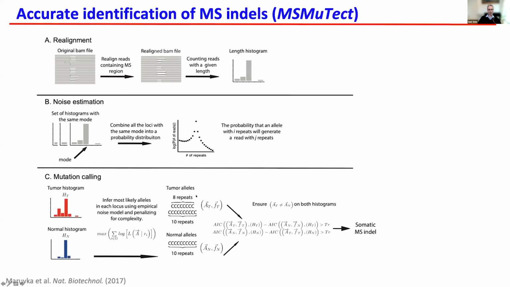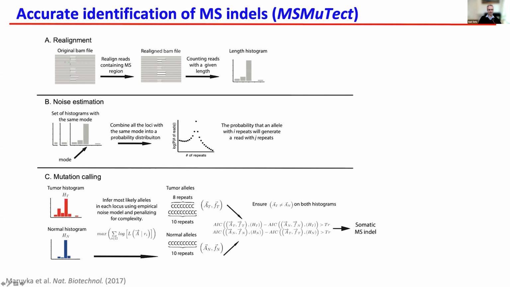So we developed in the past a method called MS-Mutect that calculates essentially a type-specific noise model, meaning for every type and size of microsatellite, a distribution of the likely indels that you see in those microsatellites in normal tissue or in clonal tissue, but without mutations.